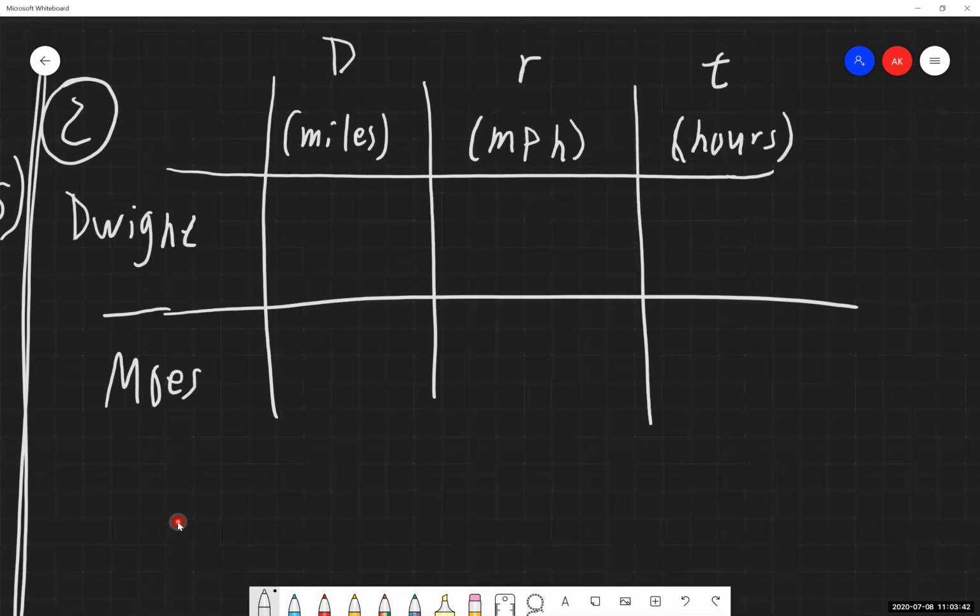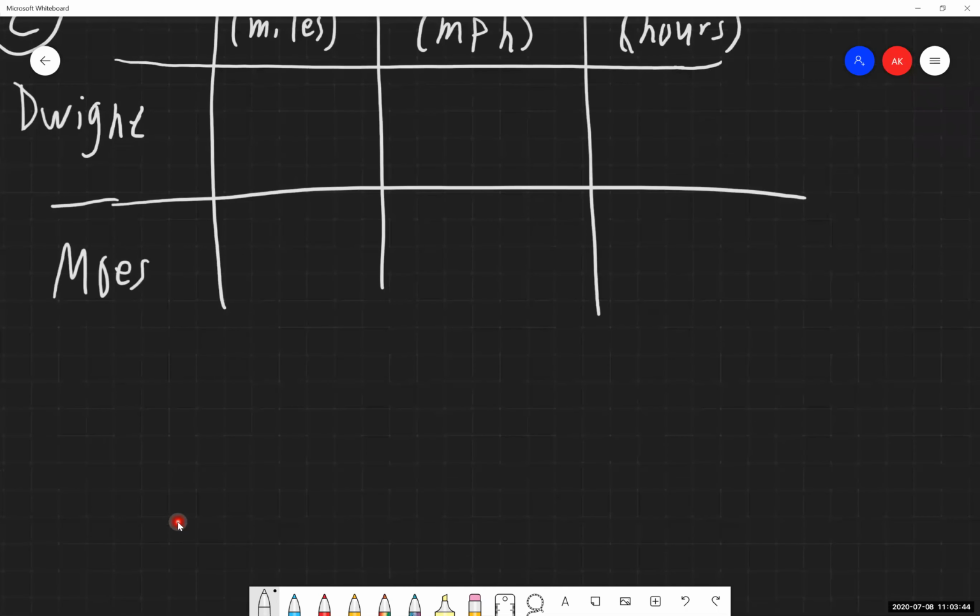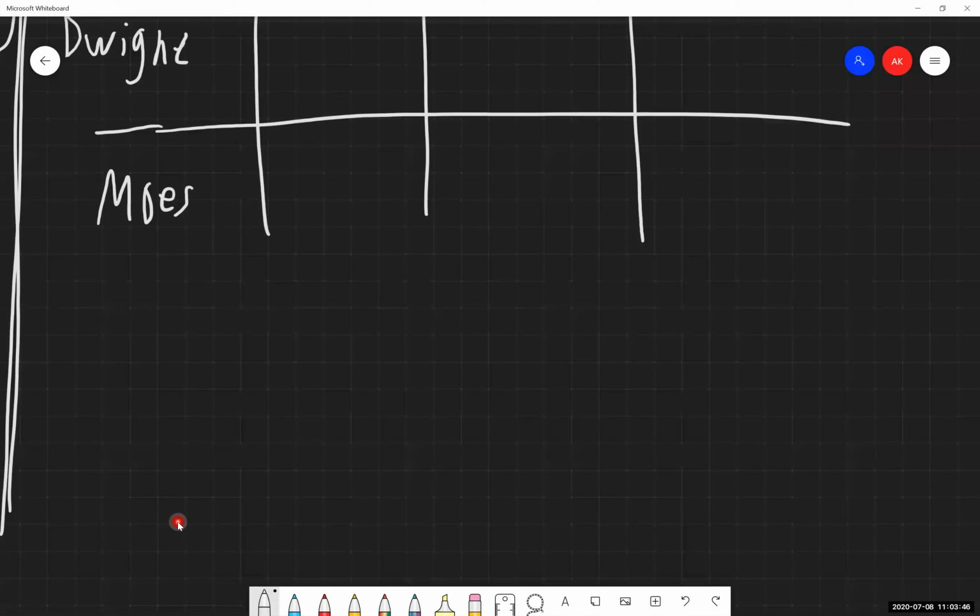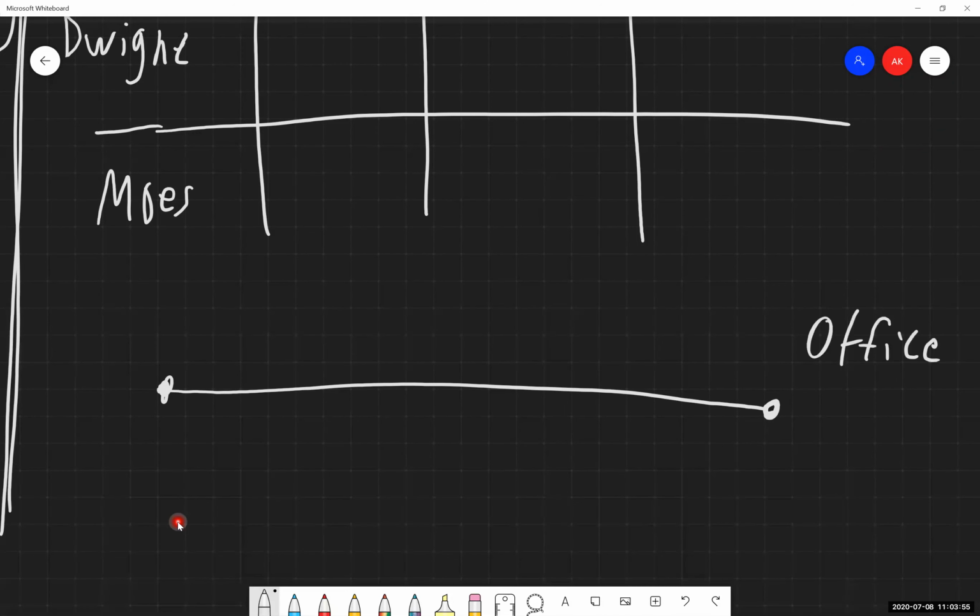What I mean is, I'll draw a little visual down here. We have the office over here, technically in Scranton, but all the same. And then we have the farm over here. Now this entire distance is 234 miles.